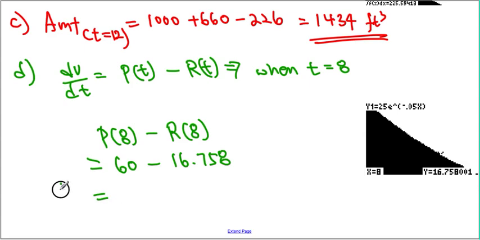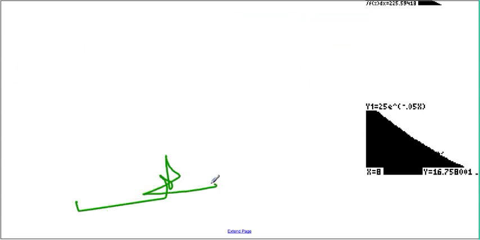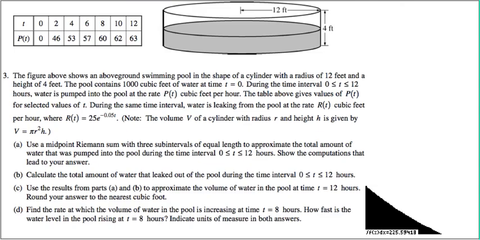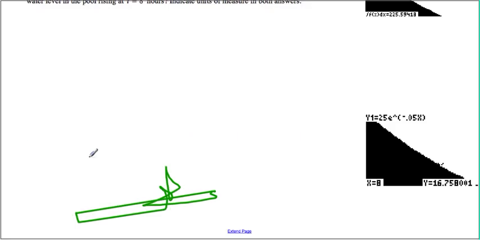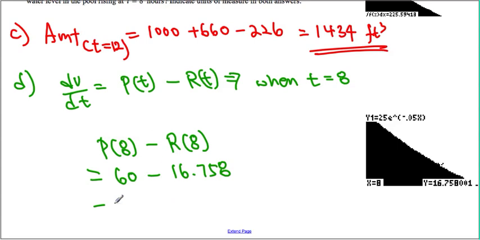Then dV dt, therefore, will be equal to, alright, sorry about that. So dV dt becomes the subtraction between these two.